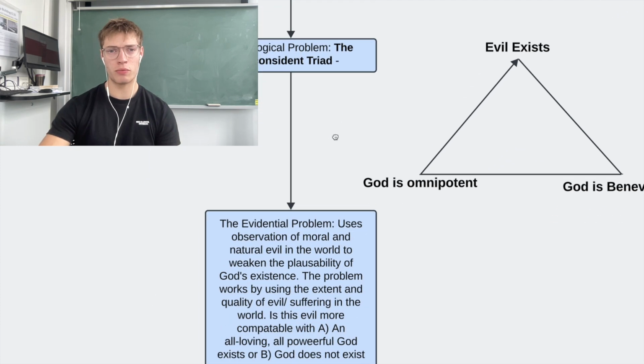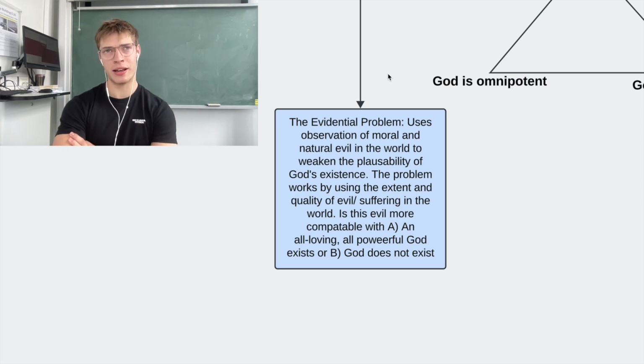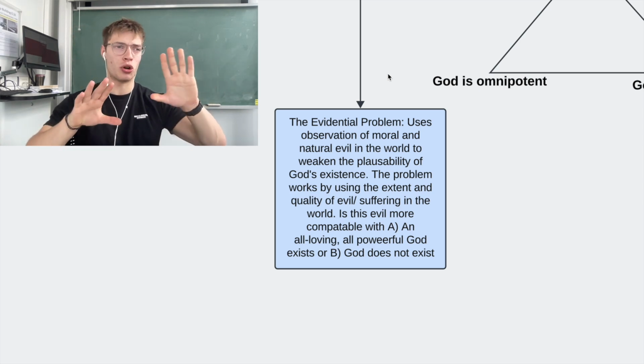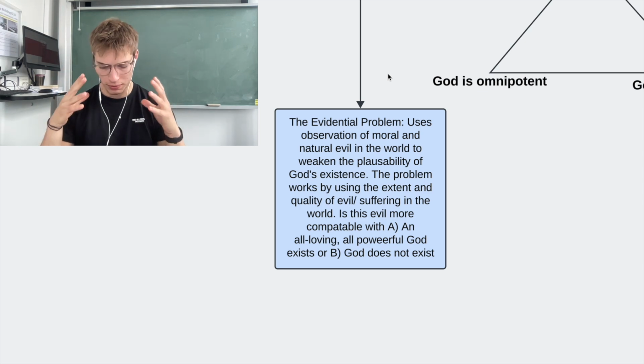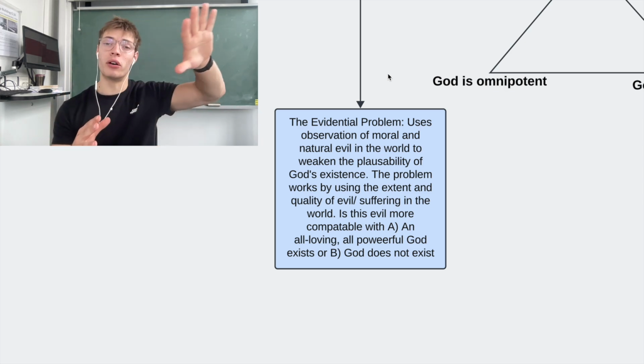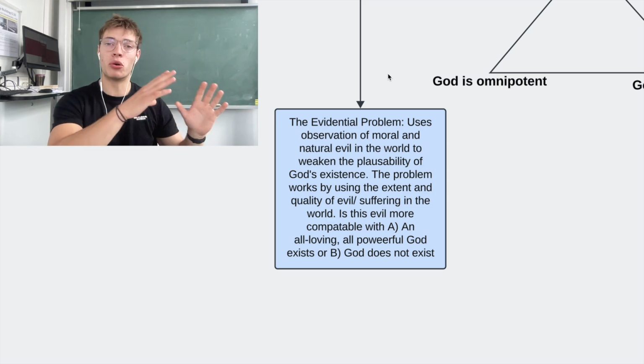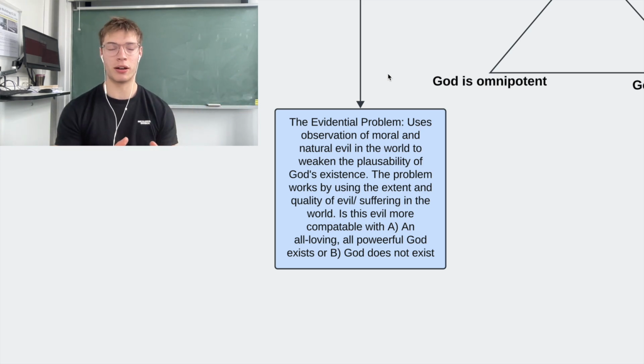The logical problem was trying to show that our concept of God is not consistent. The evidential problem is more focused on the existence of God. It uses induction. It's the other side of the fork, on the empirical, probability side.